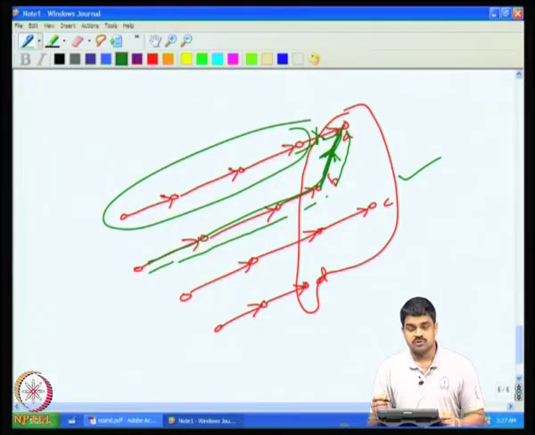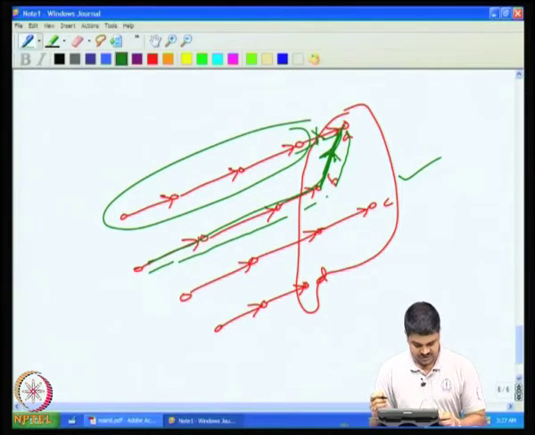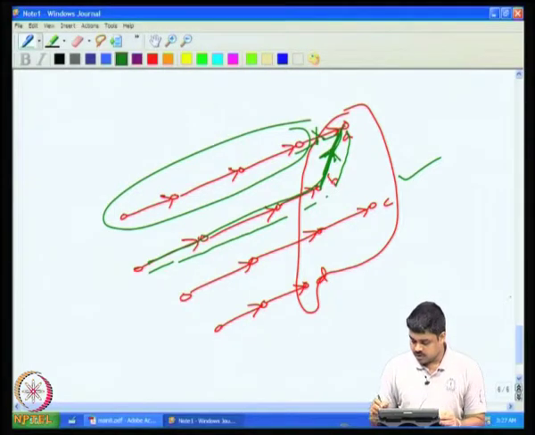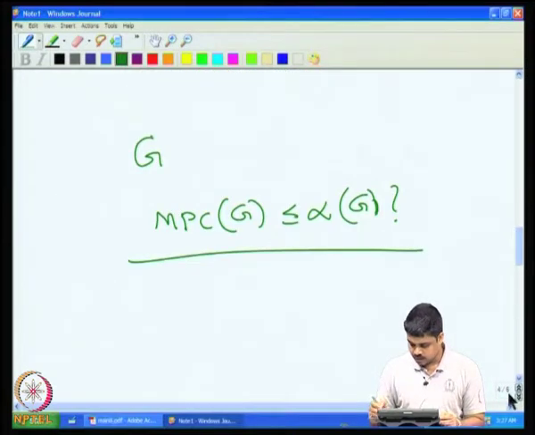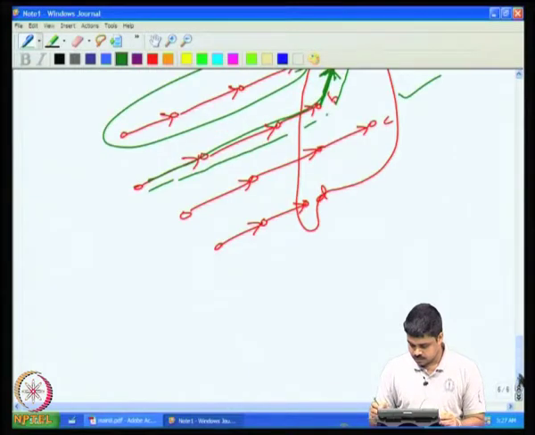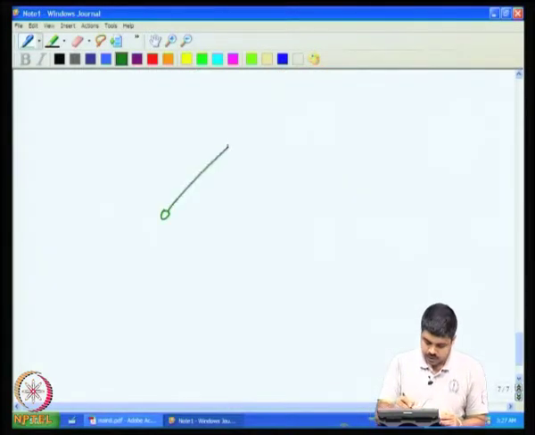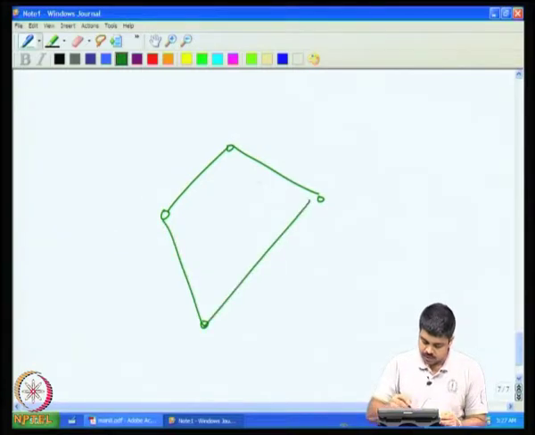So one should ask whether this theorem itself is a very reasonable one, because in the undirected case it is true, but given an undirected graph, you can make several directed graphs from that. For instance, if I take this undirected graph, there are several possible ways of orienting the edges.